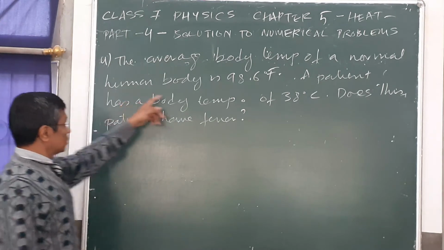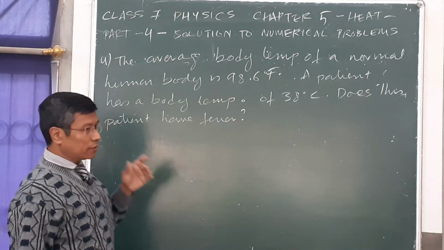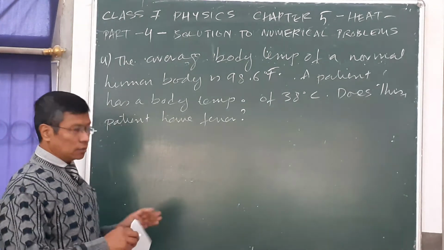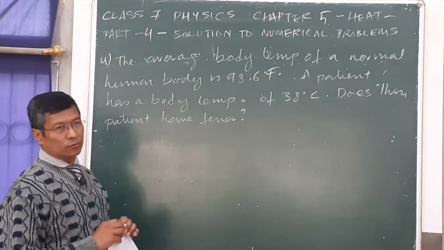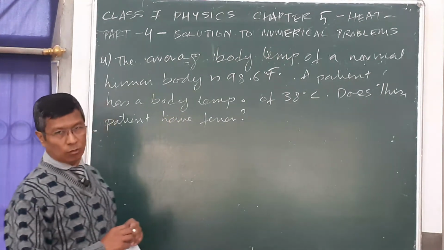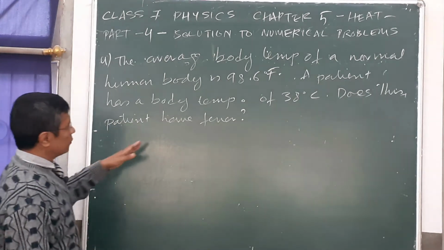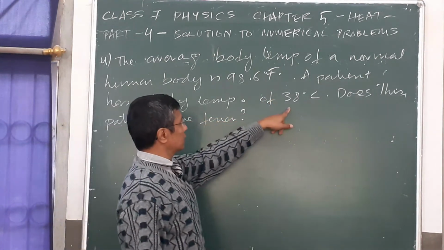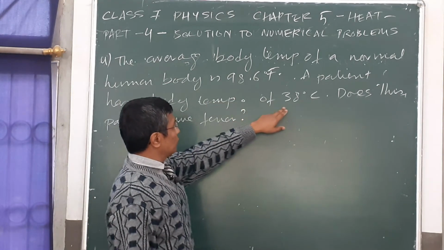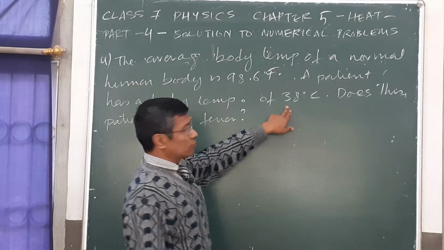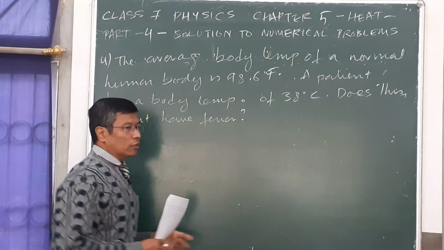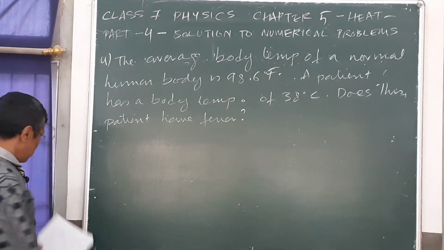So, the normal body temperature is 98.6 degrees Fahrenheit, and as you know, if a temperature is above that, you are generally known to have fever. If a temperature is equal to 98.6 or slightly lower, you are normal. Since the temperature is given in the Celsius scale and we do not know its value in the Fahrenheit scale, we need to convert this and then compare it with this value to find out whether this patient has fever or not.